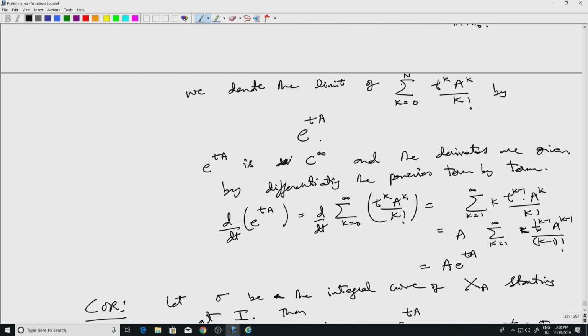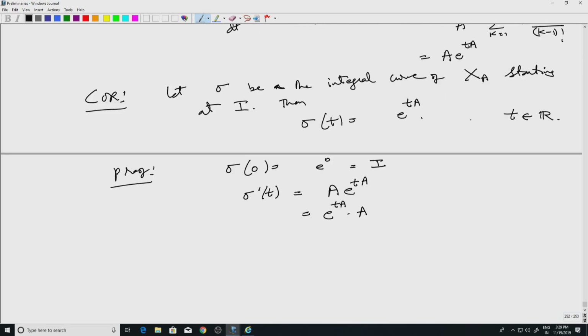It's a limit as n goes to infinity. So when I multiply by a, essentially I just have to multiply all these powers of a by a. So I can do this on the left or right. So this commutation relation holds here.